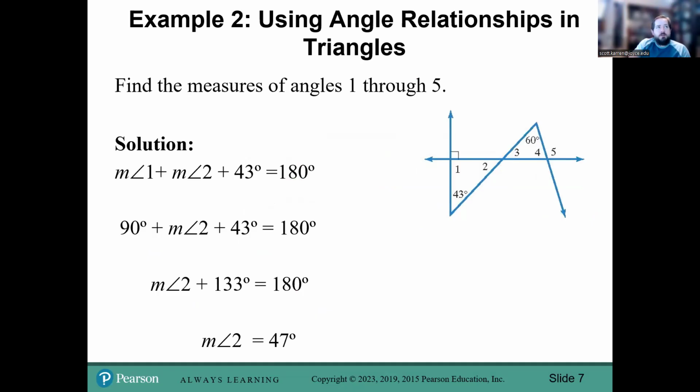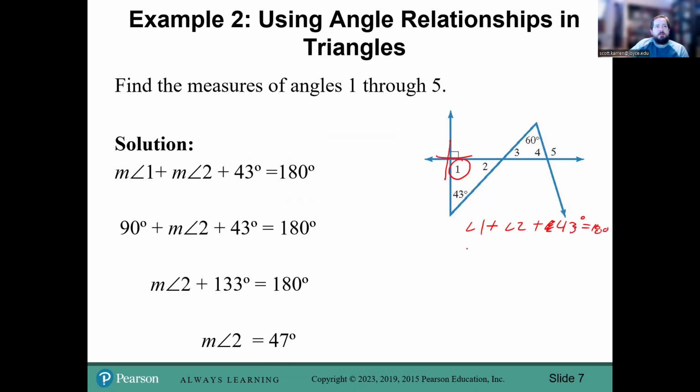So we're asked here to find the measures of angles 1 through 5. Angle 1 should be fairly easy. It's 90 degrees because these two are perpendicular lines. So angle 1 is 90 degrees by interior angles, and therefore angle 1 plus the measure of angle 2 plus 43 degrees is equal to 180 degrees.